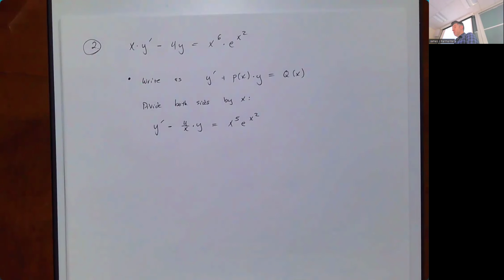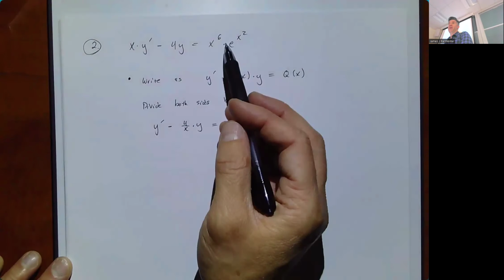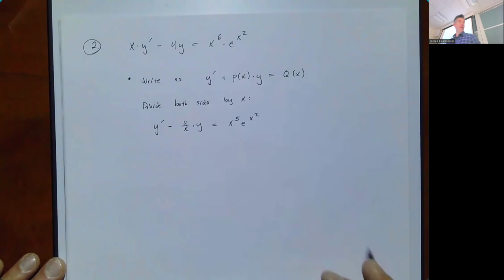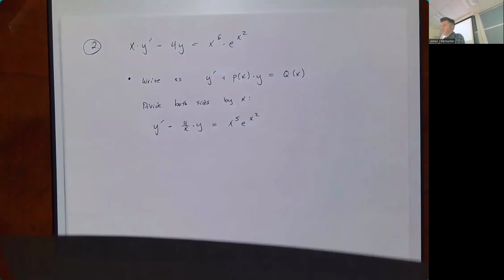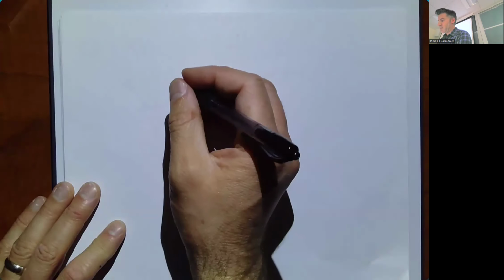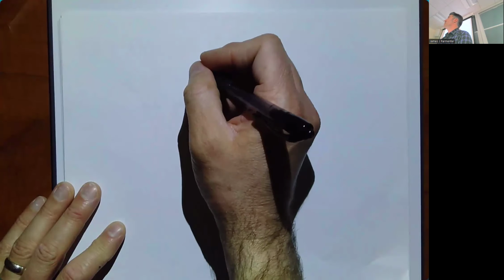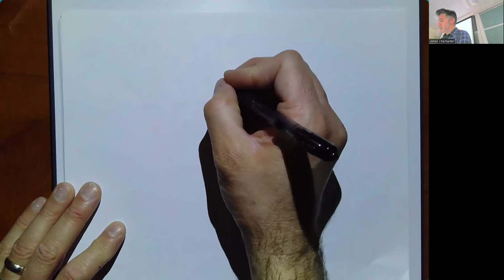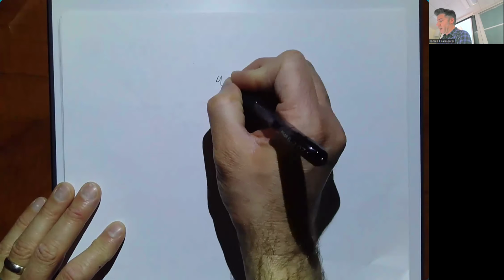When you divide a product by something, you only divide one of the factors by it. Let me show you what I mean by that. This is going to be kind of a silly example, but say 4 times 10.